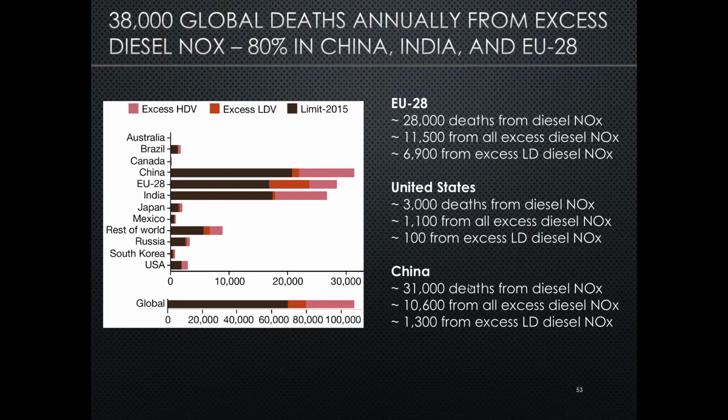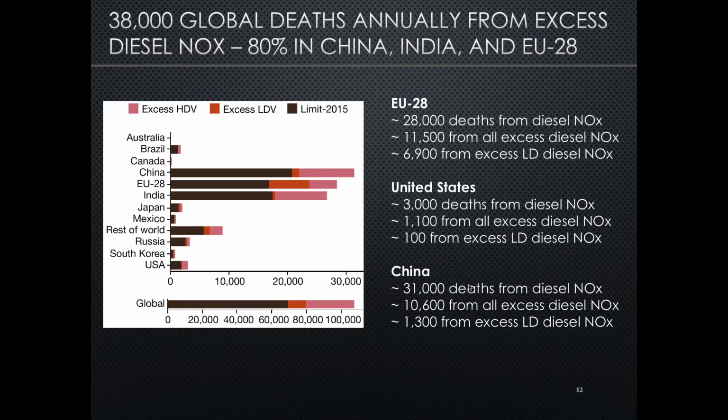In the United States, this is a contrasting situation where we had 3,000 deaths from all diesel NOx emissions. About a third of those were from excess diesel NOx emissions, and the vast majority of those were from excess emissions from heavy-duty vehicles as opposed to light-duty vehicles.